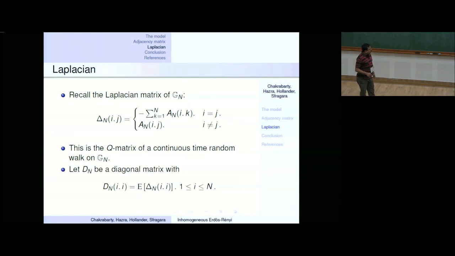So let Dn be a diagonal matrix whose ith diagonal entry is nothing but the expectation of the ith diagonal entry of the Laplacian.